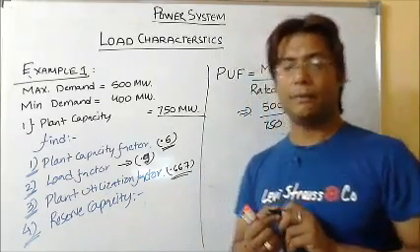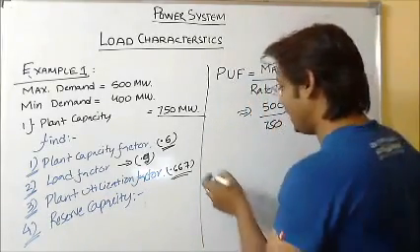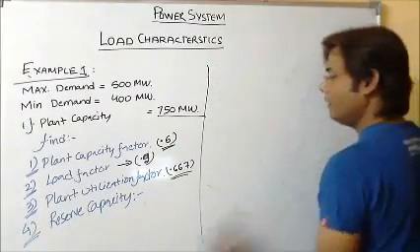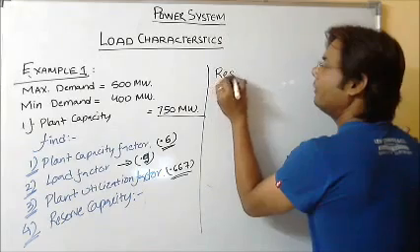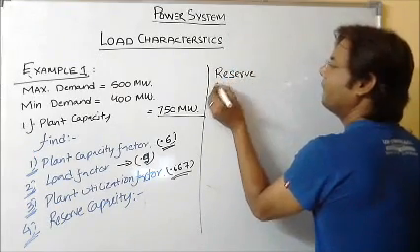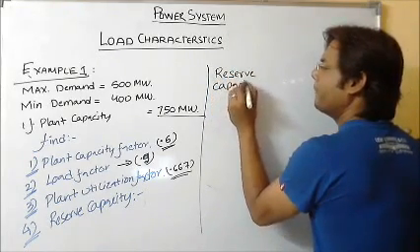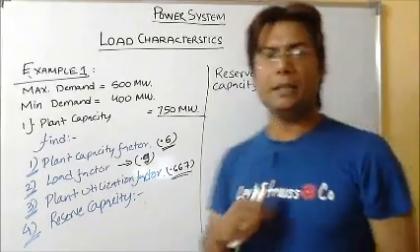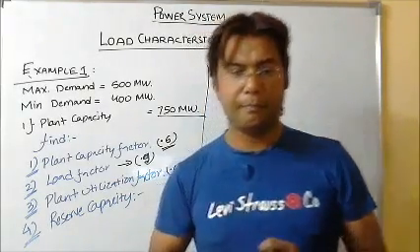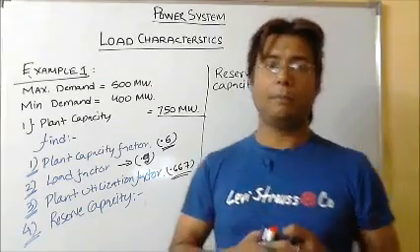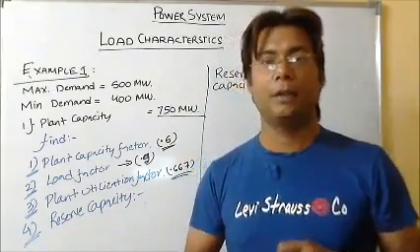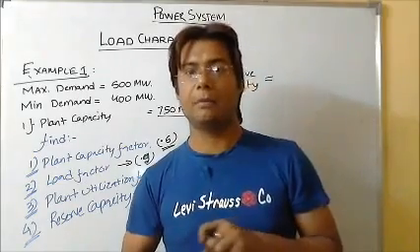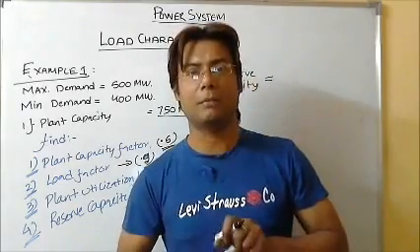Now coming to the reserve capacity, the last part of this question. Reserve capacity is equal to the total capacity of the system minus the maximum demand or the maximum load.